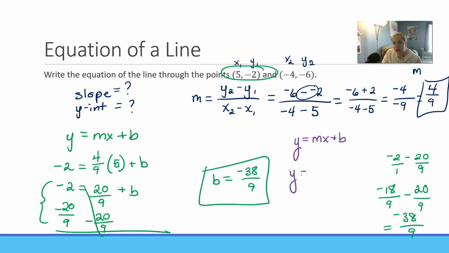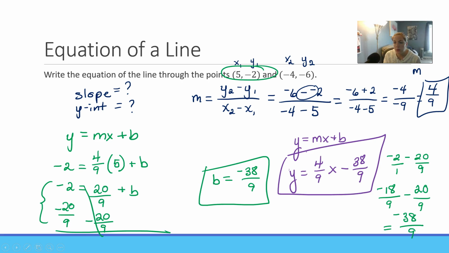So this is y equals m is 4/9. And b is -38/9. Boom! Done and done. So you have your equation of the line.